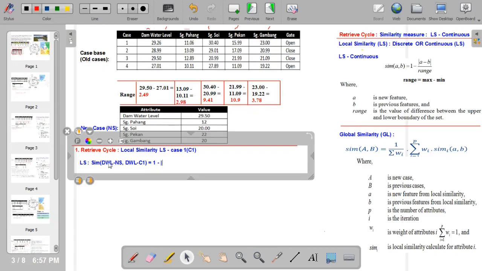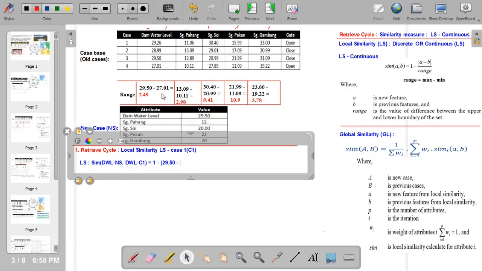So here we are going to take the value for the first attribute, which is the dam water level of the new case, which is 29.15, minus B. B is the value for the first attribute of the old case, which is case 1, because we are comparing with case 1 here.